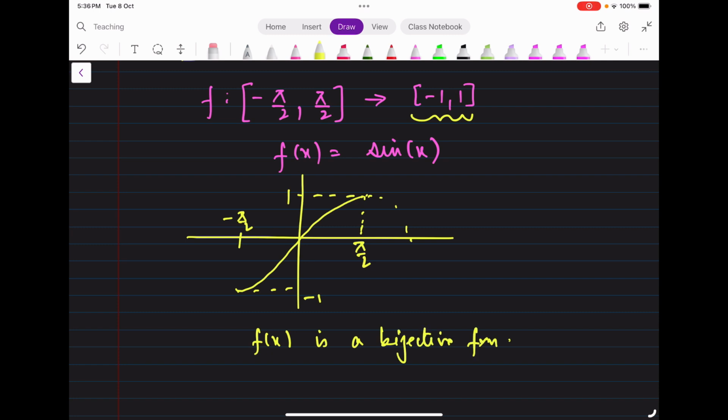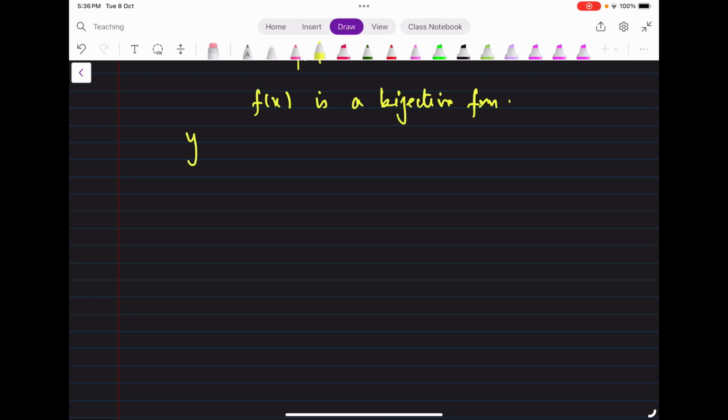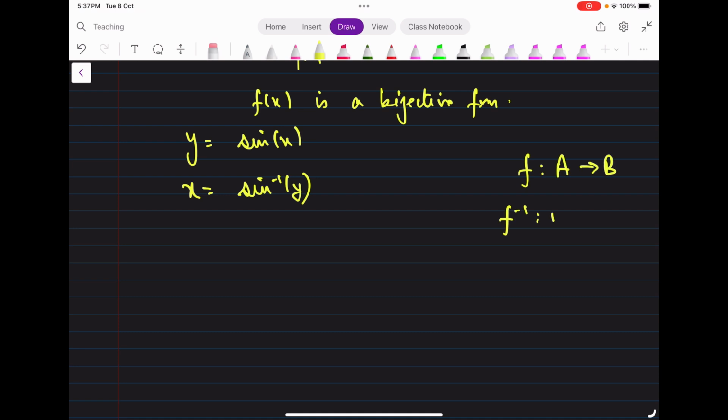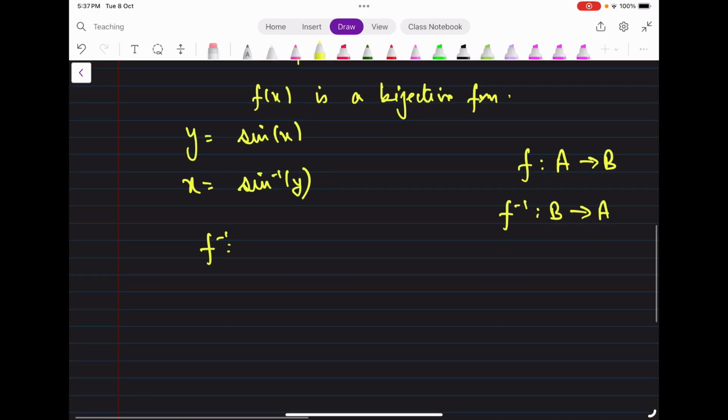Since it is a bijective function, we can calculate the inverse, that is, y is equal to sin x. It means x is nothing but sin inverse of y. Our students know it very well: if f is a function from A to B, the inverse is also a function, but it will be from B to A. So f inverse is defined from B to A, where B is -1 to 1 and A was minus pi by 2 to plus pi by 2.